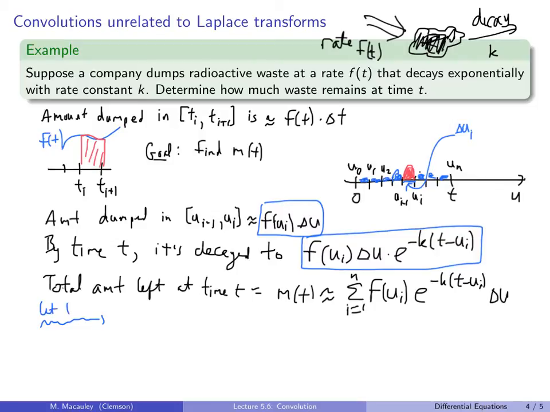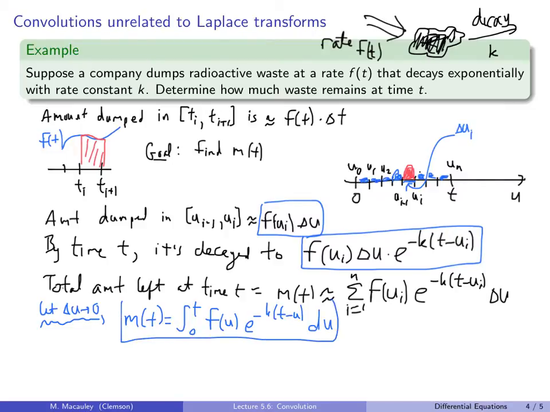Let delta u go to 0, and this thing becomes an integral. M of t becomes the integral from 0 to t of f of u times e to the minus k (t minus u) du. And now notice that that is actually just a convolution: f of t star e to the minus k t.